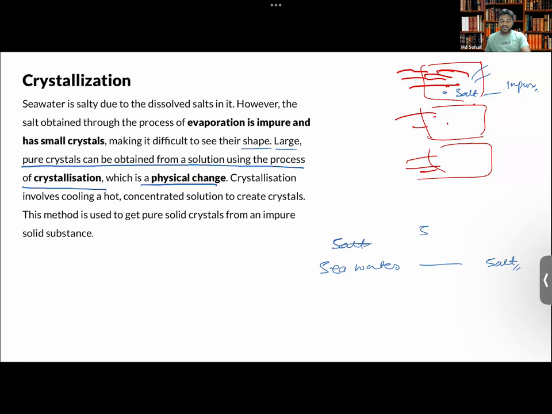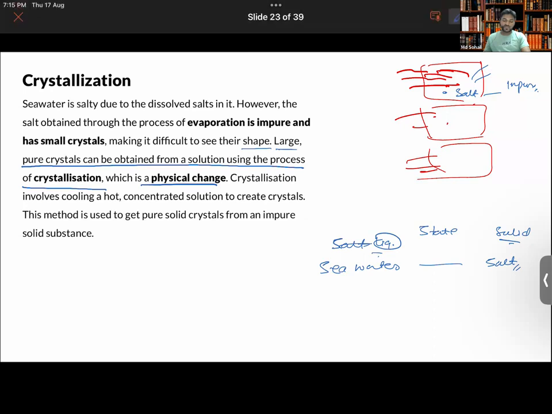Although their states are different, this is solid and this is liquid, the chemical composition is the same. It is also salt here, NaCl, and it also consists of salt here.